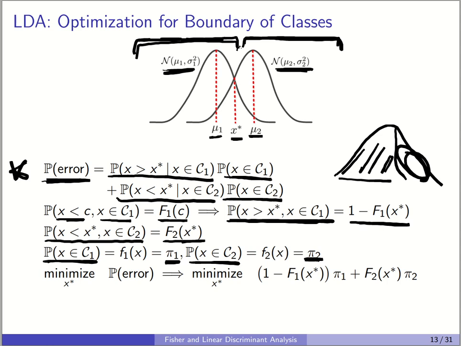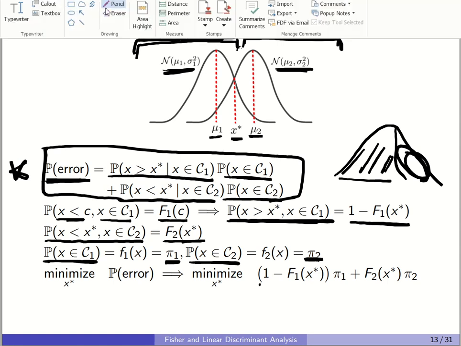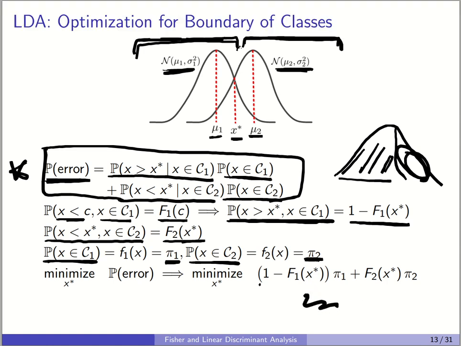If we replace all of these in this formula, we will have 1 minus this, as we had here, pi 1 F2 pi 2.